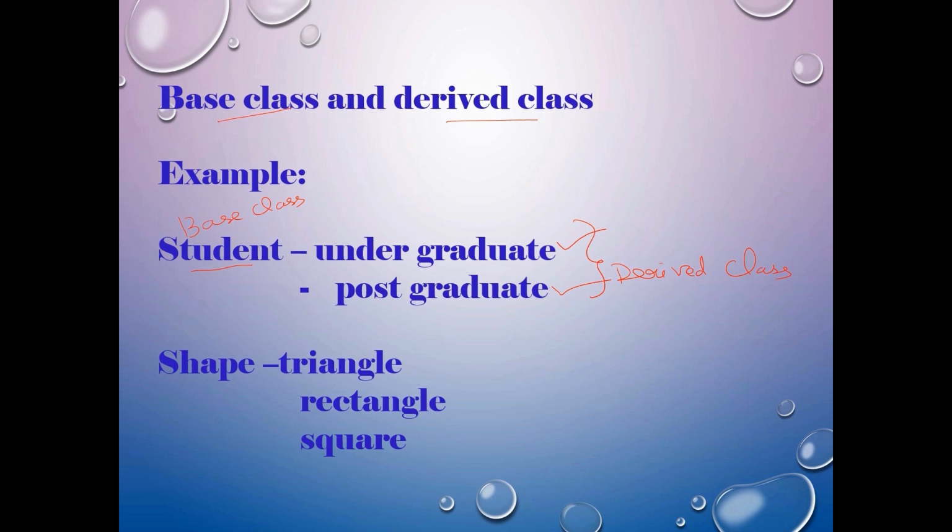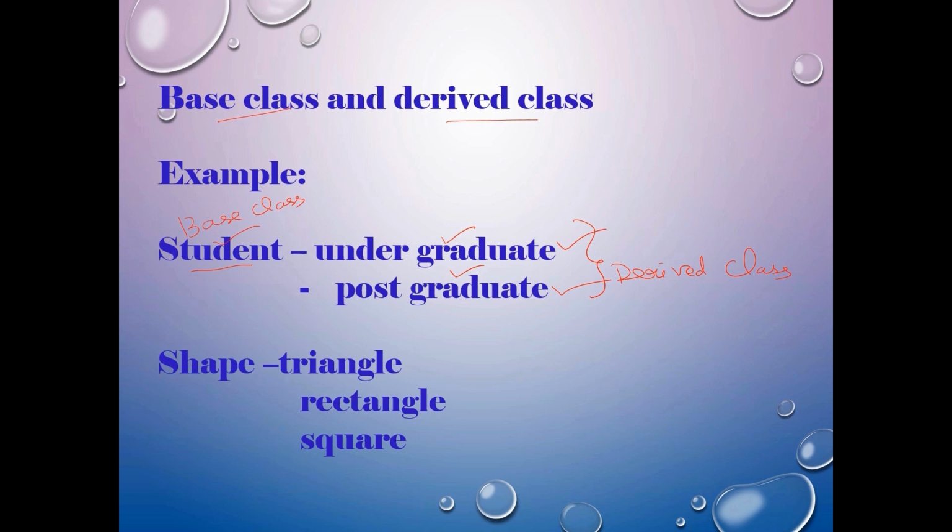Commonly, students will have the register number, name, address, everything in base class student, and that is also inherited and used by the derived class. The same properties, name, register number, address, will be there in undergraduate student and in postgraduate student also. So these two derived classes can use the properties of the student base class. I think you all can understand this.